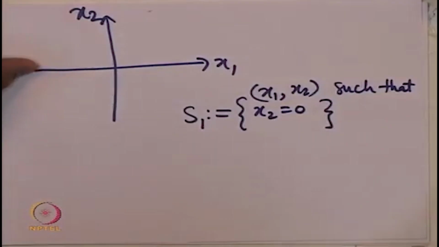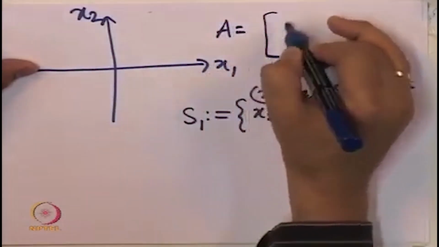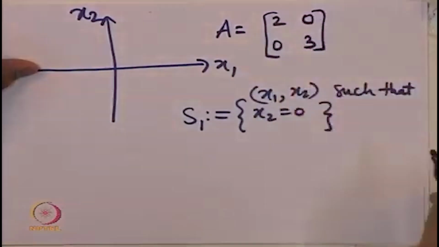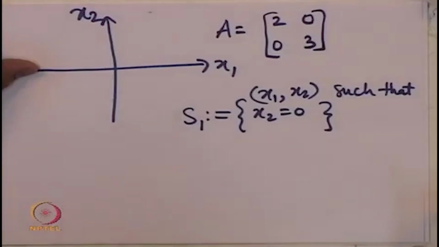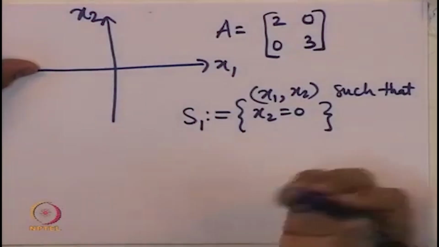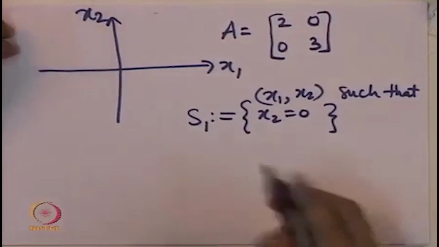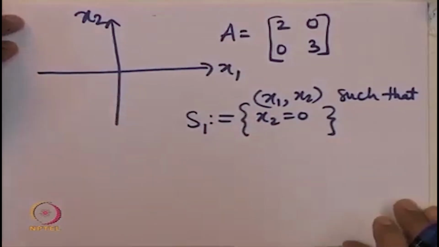Because if we are along the x1 direction, because A was a diagonal matrix, x1 axis itself being an eigenvector, we see that the set S1, which is defined to be the x1 axis, is also an invariant set. Of course, the x1 axis itself contains the origin, which is also an invariant set.